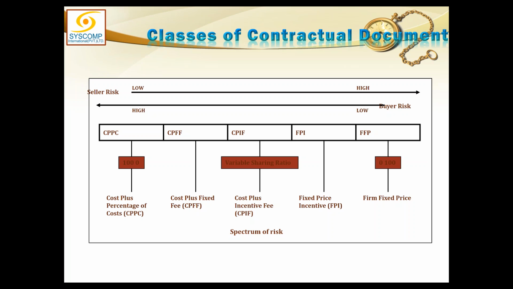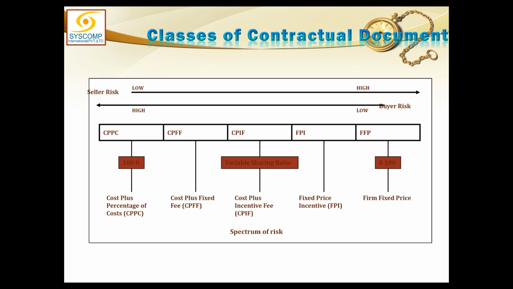Now, when you have studied all these different types of contracts, then you will be better able to understand that the true situation would lie somewhere in between. Contractor will probably never agree for a fixed price contract, and we will probably never agree for cost plus percentage of cost.